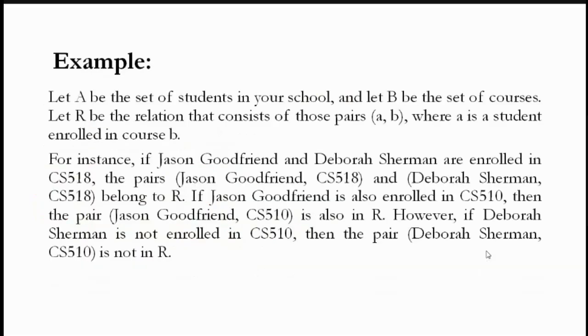Here is another example, again the same course example, students taking courses. You can go through this, it's not a complex example. Let A be the set of students in your school, let B be the set of courses, and let R be the relation that consists of those pairs (A, B), where A is a student enrolled in course B. So here the set of students and the set of courses were given, and the relation between the students and the courses.